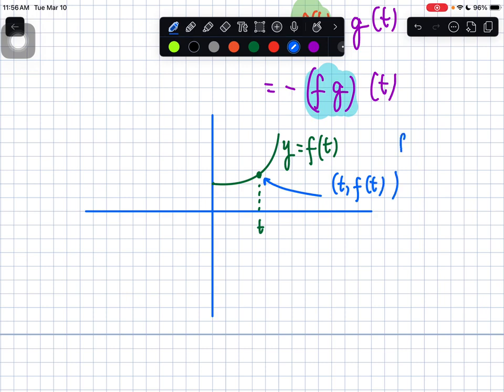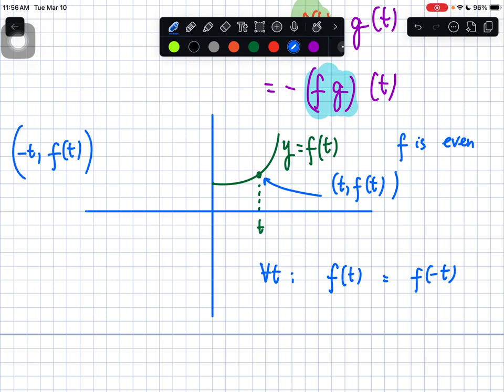Because f is even, you know that f of t equals f of minus t by definition of even function. So minus t comma f of t is also on the graph of the even function.